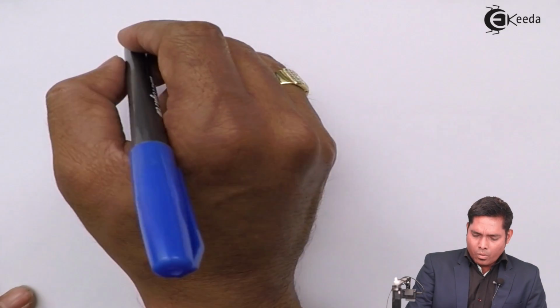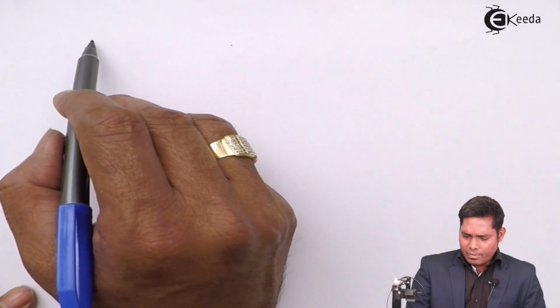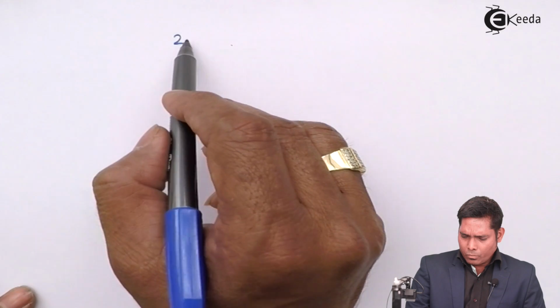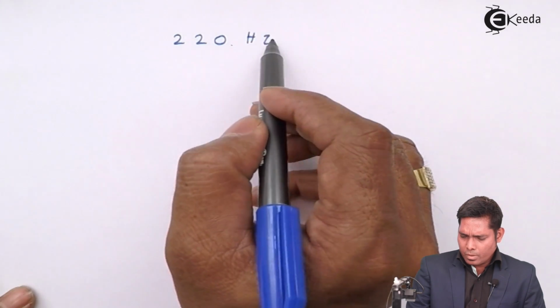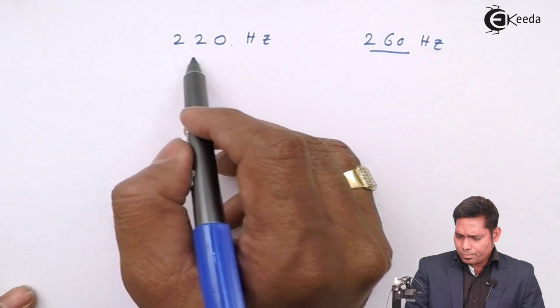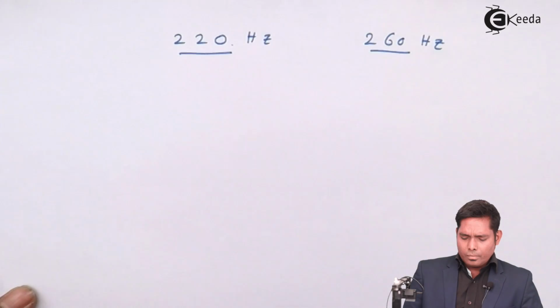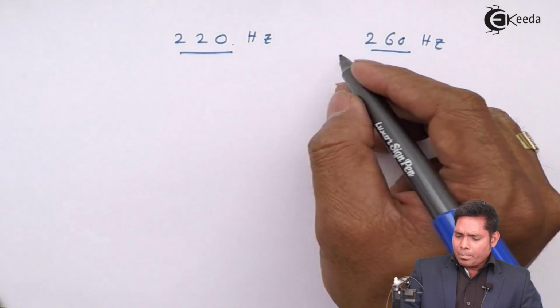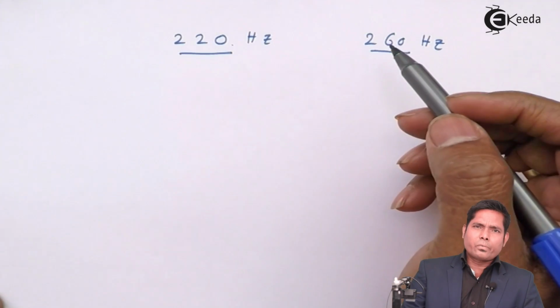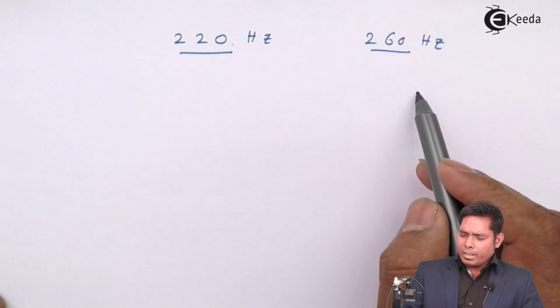Now, this is the general thing, and what is given is that I have got 220 Hertz and 260 Hertz harmonics, and they are one after another. We know that in case of a closed tube, the frequencies that we get are as follows.